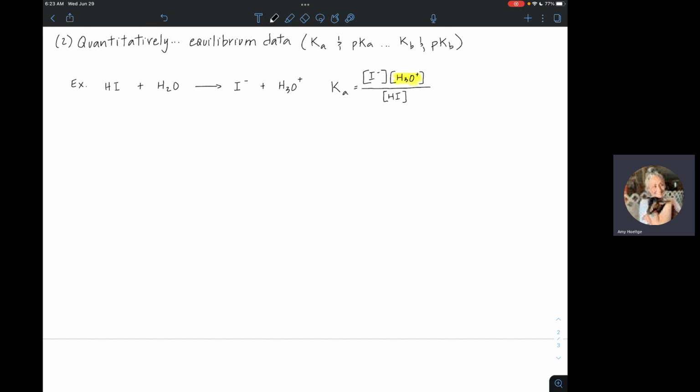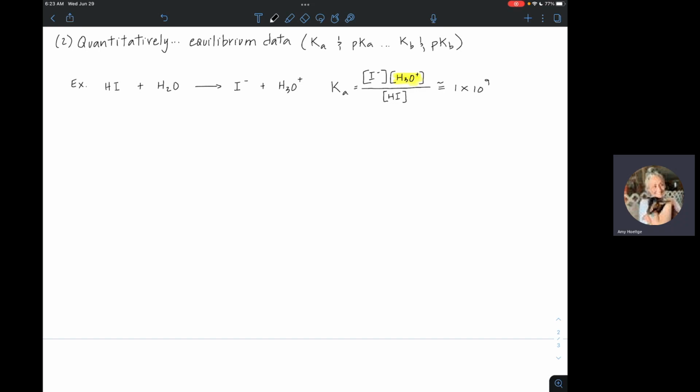So that's telling you in general, if you have a large Ka value, you had a really strong acid on the other side. The Ka value for hydroiodic acid is somewhere along the lines of 1 times 10 to the 9th. So a billion is a pretty big number.